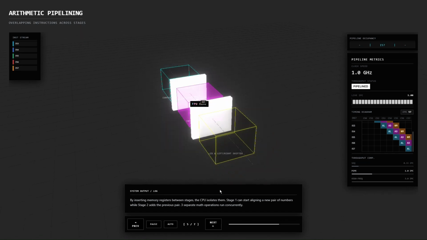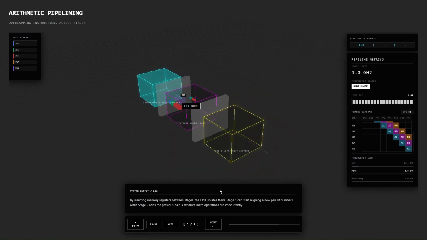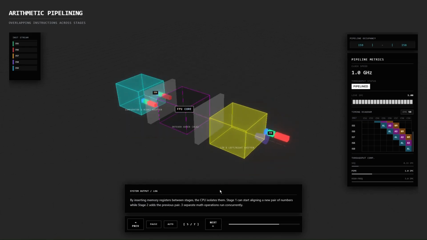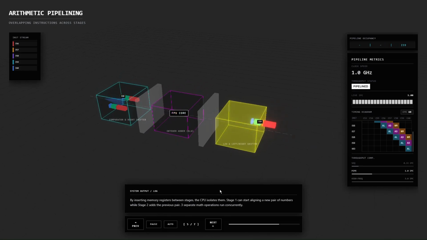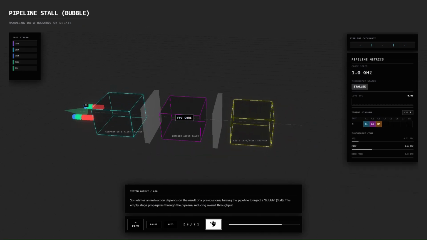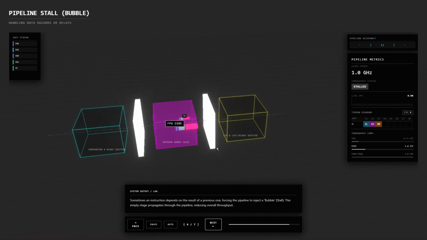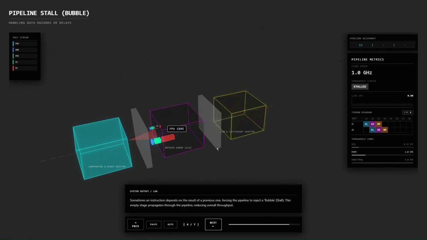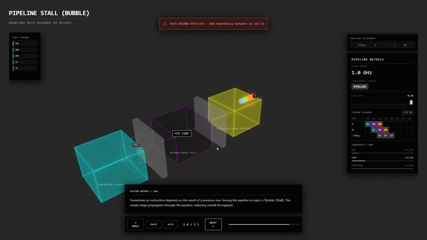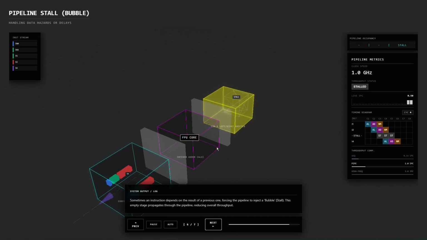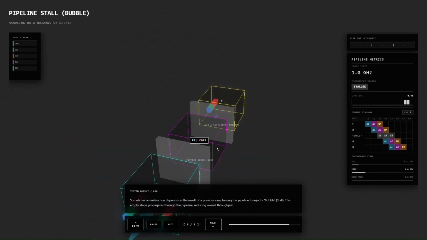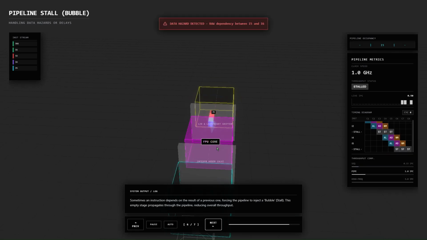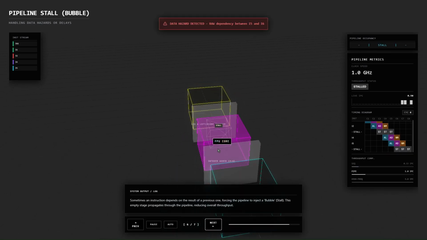But it is not always smooth sailing. Welcome to the pipeline stall, or as hardware engineers call it, the bubble. So those faded wireframe boxes mixed in with the normal data packets, those are stalls, empty slots, wasted cycles.